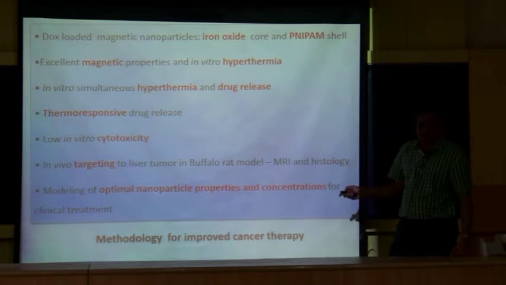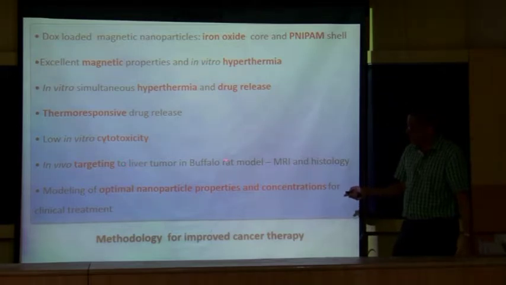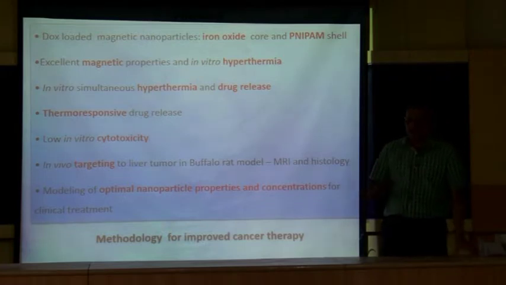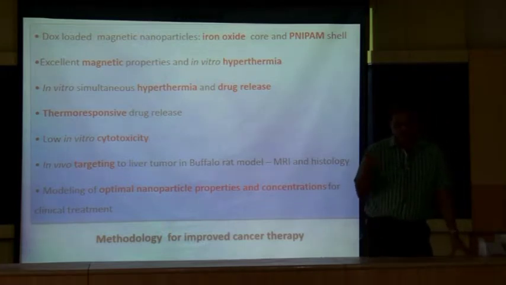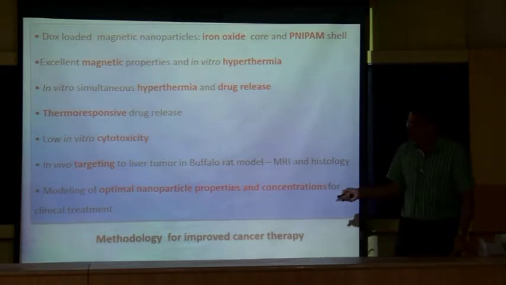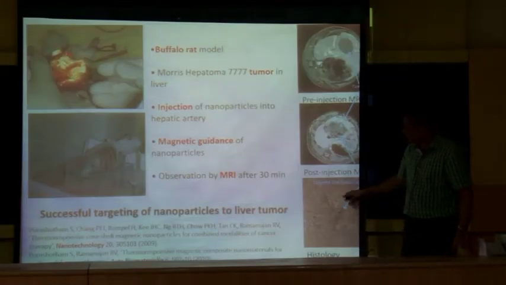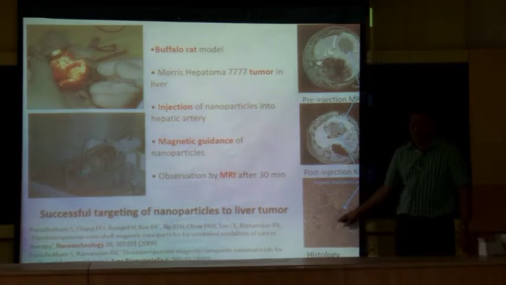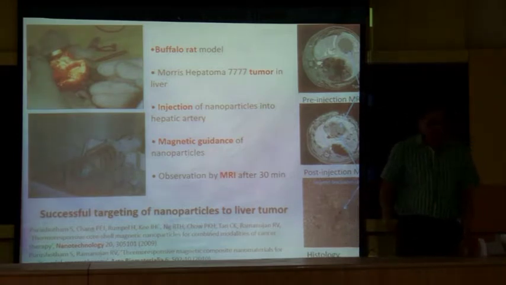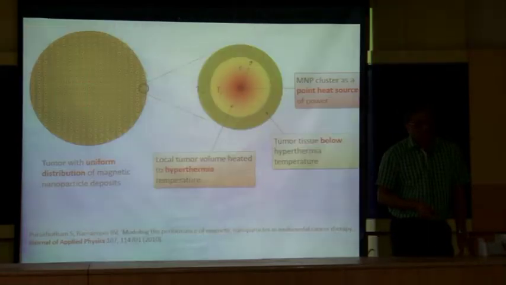There was low cytotoxicity for this particular system. We could target it in an in vivo model, and we also showed by MRI and histology that magnetic particles are present in the tumor. Actually one can do histology of the sacrificed rats and verify that the particles are indeed in the tumor.